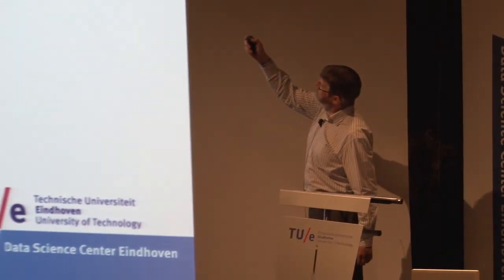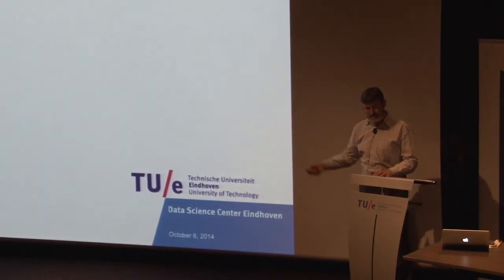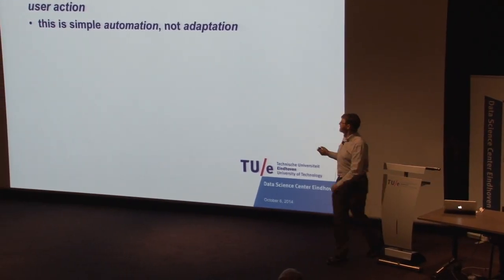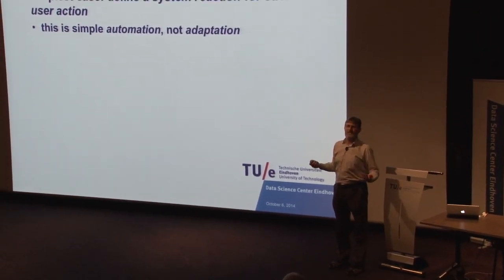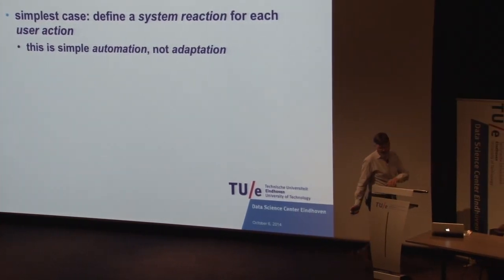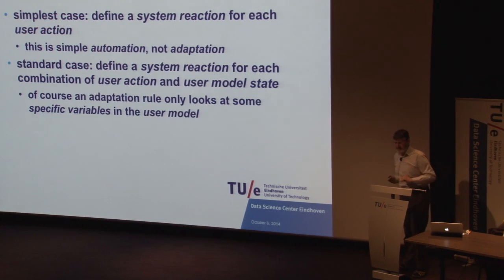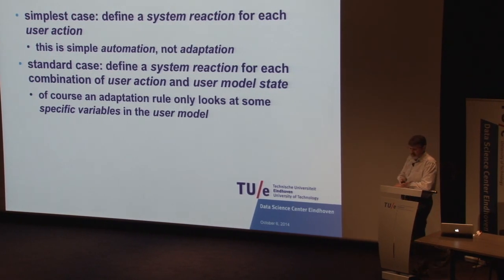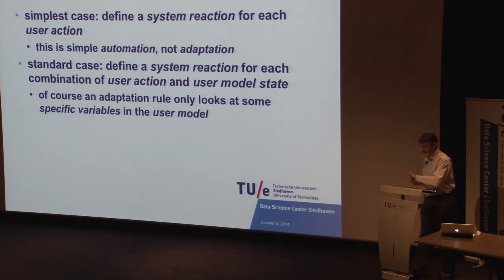Okay, expert-driven adaptation. Well, the simplest case in which we see that systems are reacting automatically is not adaptation, but just automation. A certain action results in a certain reaction. The standard case that is adaptation is that the reaction depends on a combination of the action the user makes and essentially everything the user did before, the complete user model state.